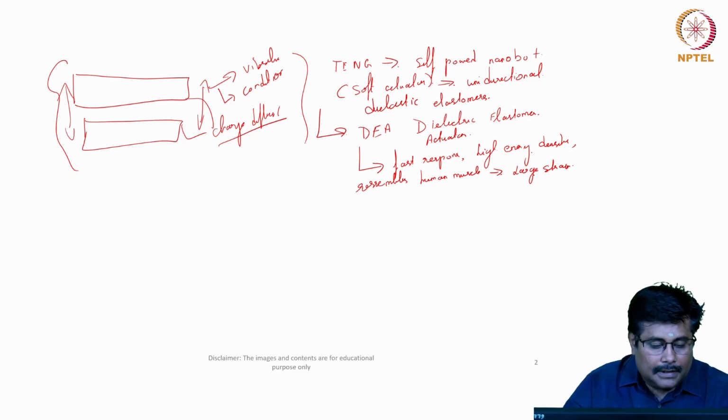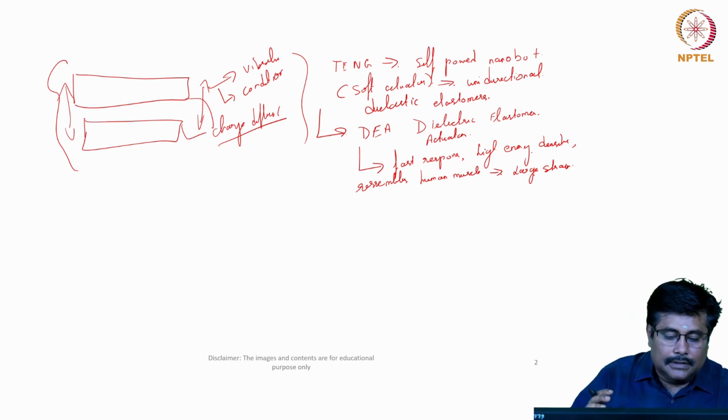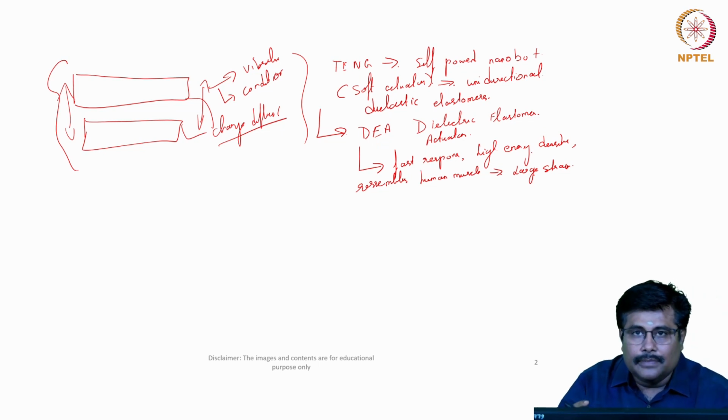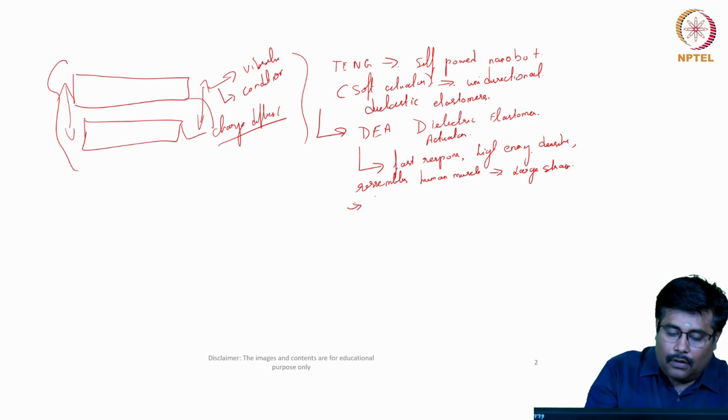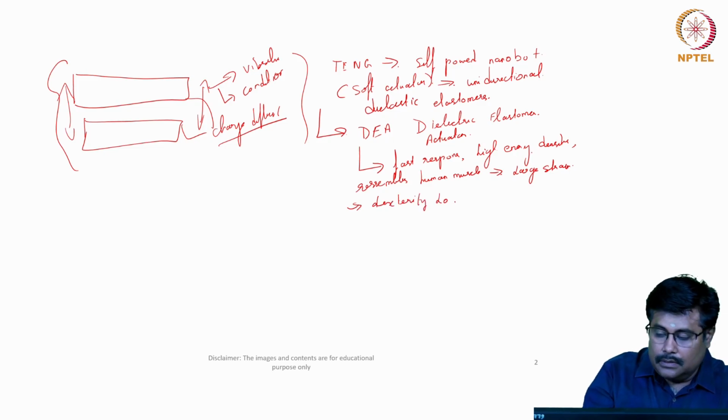As far as this particular case is concerned, these DEAs exhibit a flexible body, and they also exhibit a kind of locomotion which we call dexterity locomotion.